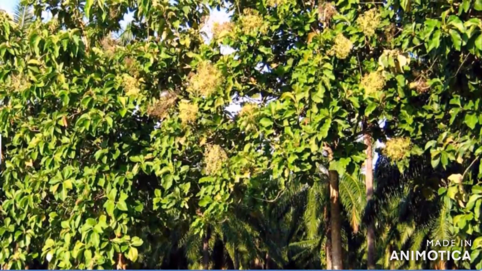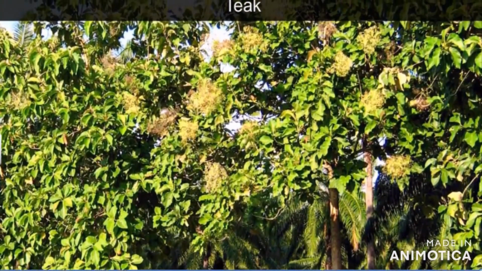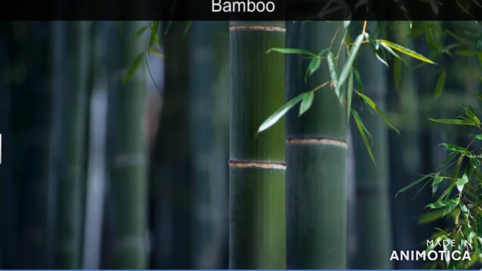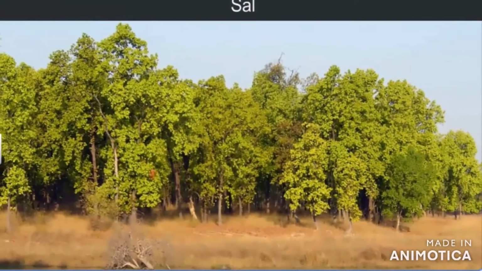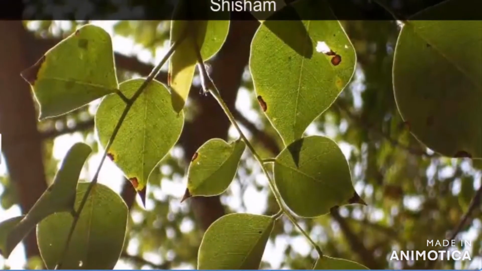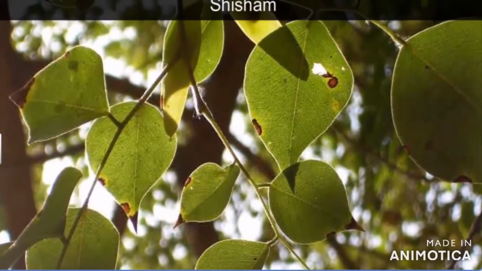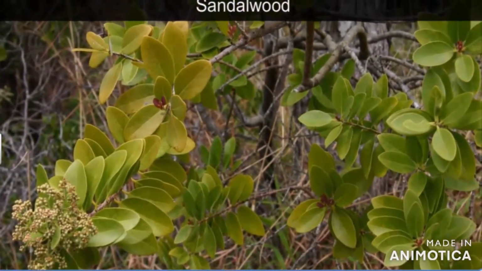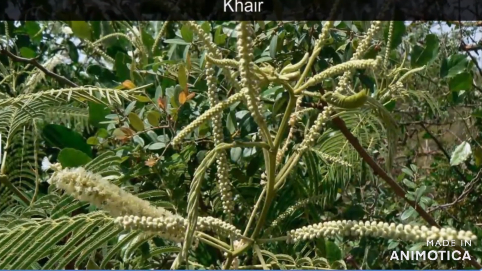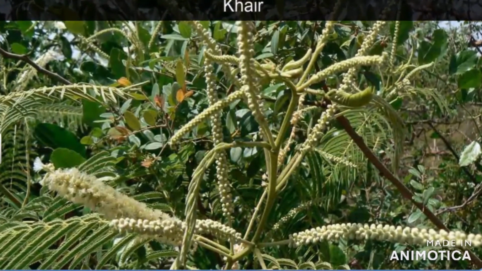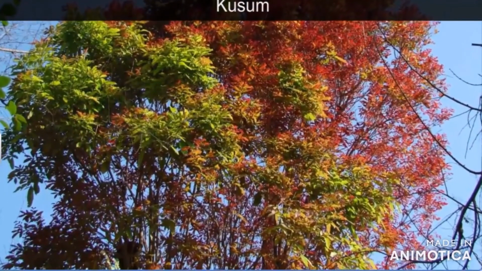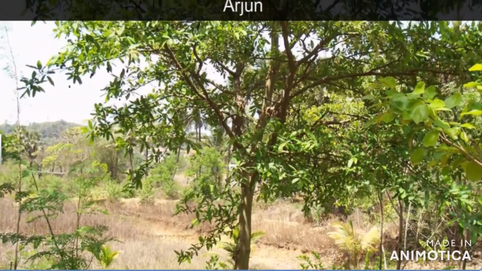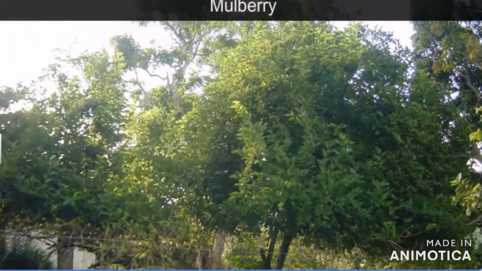Commercially important trees here include teak, bamboo, sal, shisham, sandalwood, khair, kusum, arjun, and mulberry.